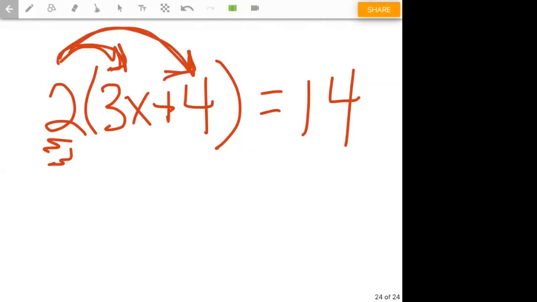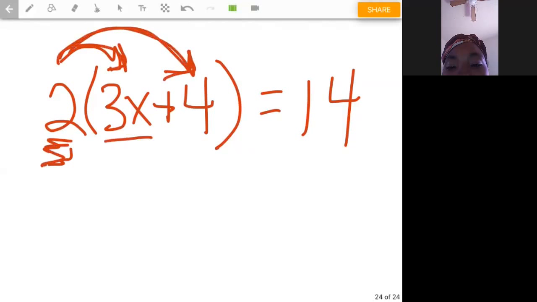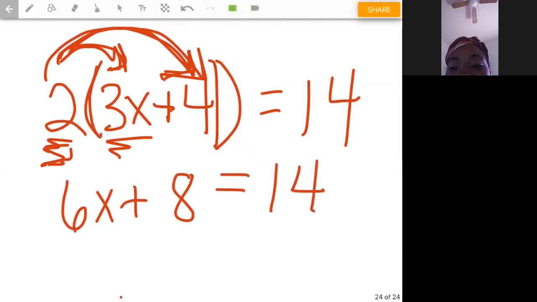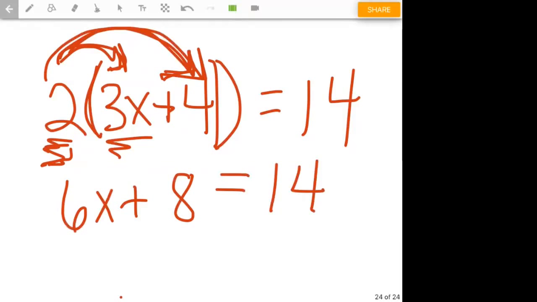So you're going to do 2 times 3x, which is going to be 6x. Yep. And then you're going to do 2 times 4, which is 8. And then we're not going to do anything on the right. And now see how we're down to one like we just did?